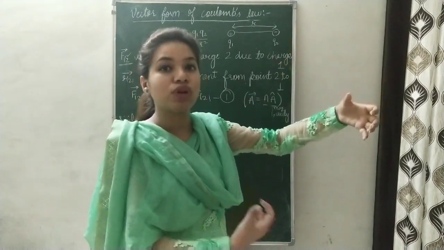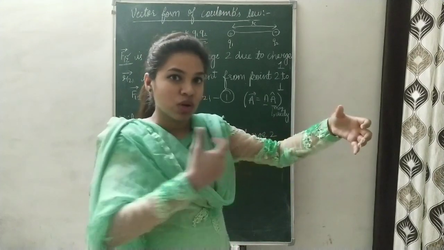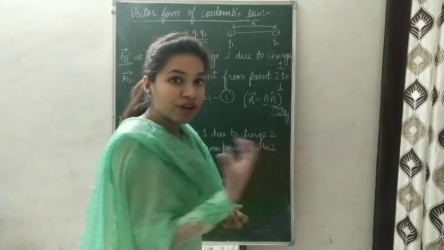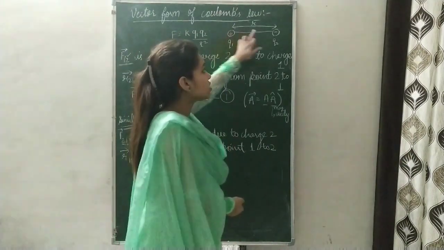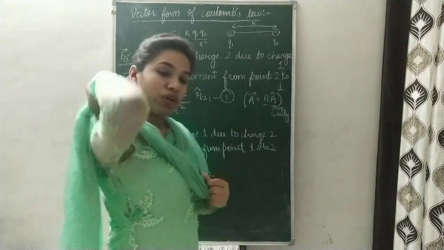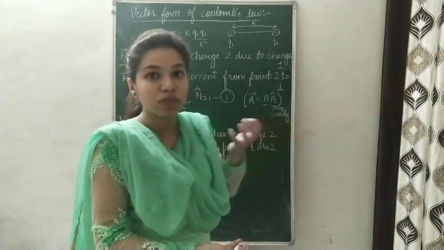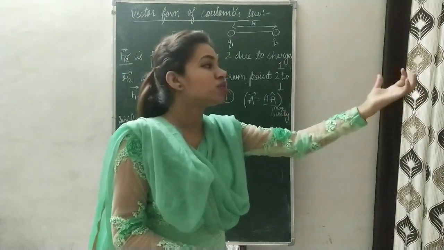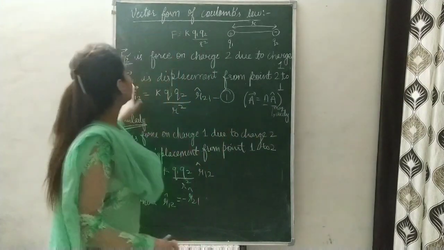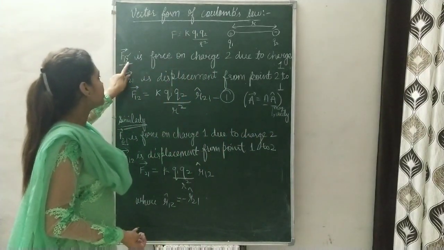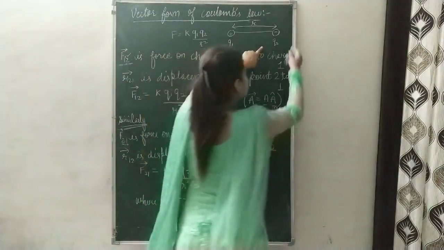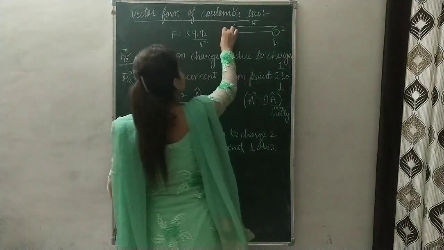So charge 2 is going to displace toward charge 1. If I am standing here and exerting force on a particle, I am trying to attract it toward me, because this is a positive charge and the other one is a negative charge. So this positive charge is going to attract this negative charge. So if a body is going to attract another body by applying force, that body is going to displace from this point to this point. Similarly, if charge 1 is exerting force on charge 2, then charge 2 is going to displace from point 2 toward 1.